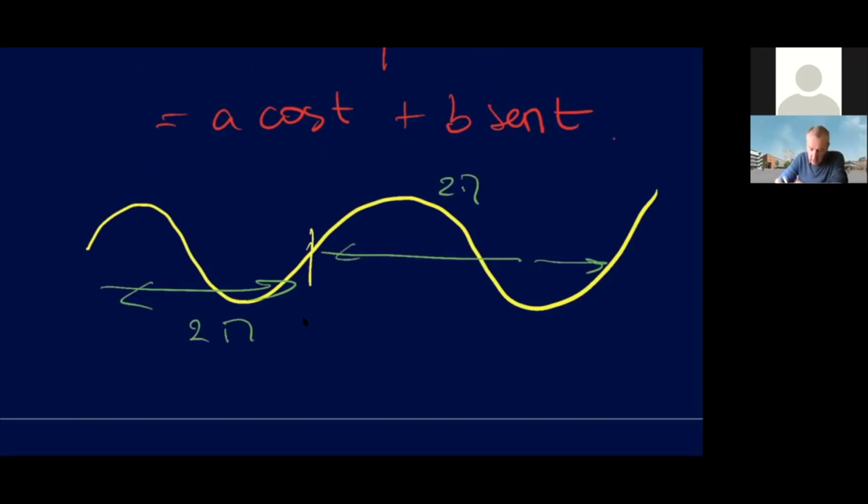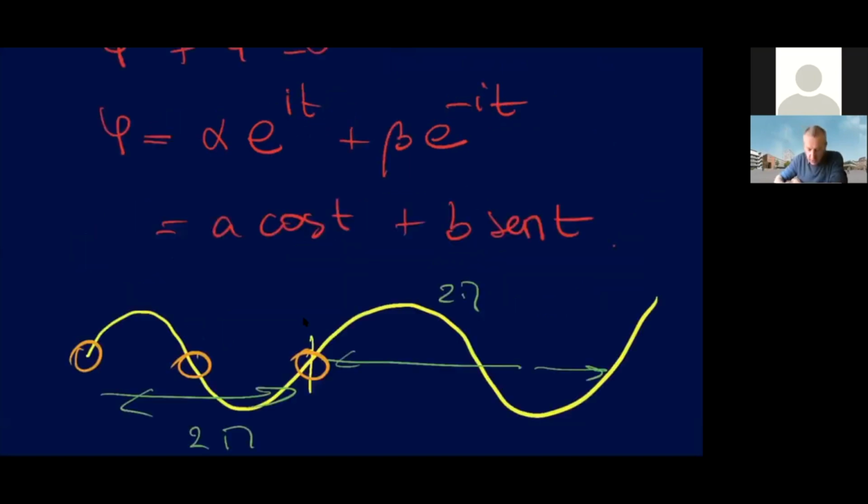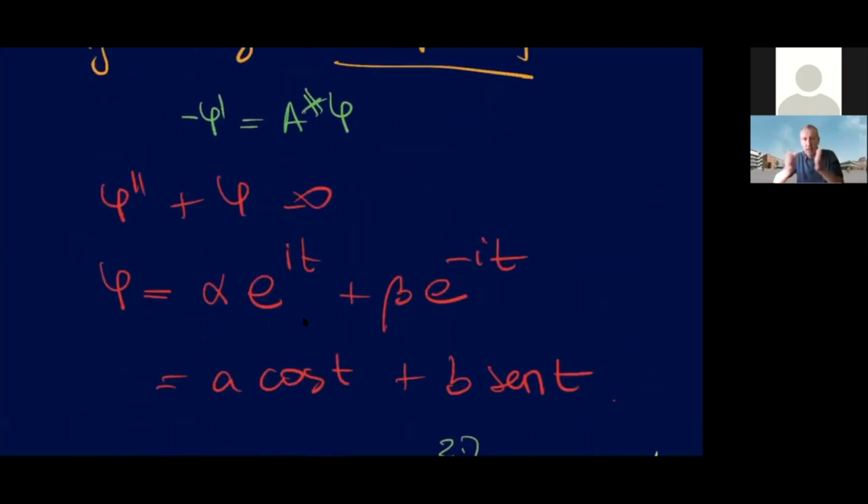And then in every interval of length 2 pi, you have one zero, another zero, and another zero. You have 3 zeros in every time interval 0 to capital T, right? Then you see that you cannot fasten the zeros of the phi. Phi is the solution of the adjoint system. Anyhow, whatever you do, phi is always the solution of the adjoint system.